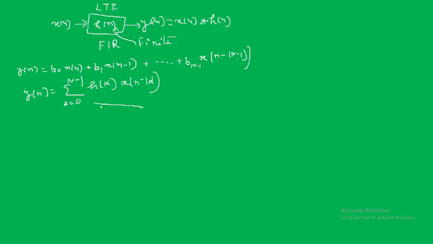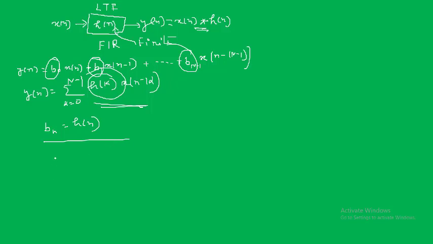Now what is this equation? This is the equation of convolution. That means this one and this one are exactly the same thing. Here we can say that b naught, b1, these are nothing but the impulse response h of k. So we can equate the coefficient bn to the impulse response h of n for an FIR filter.